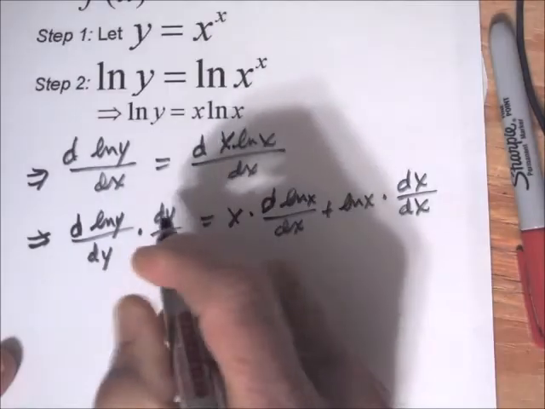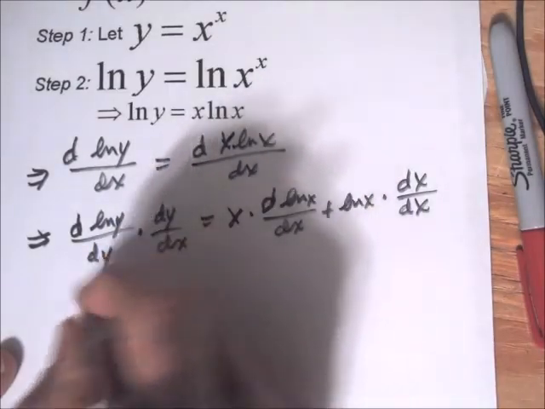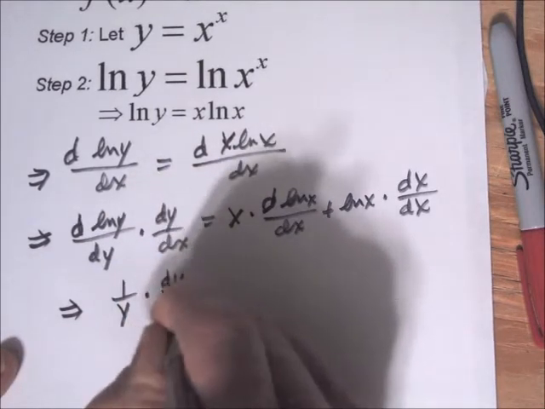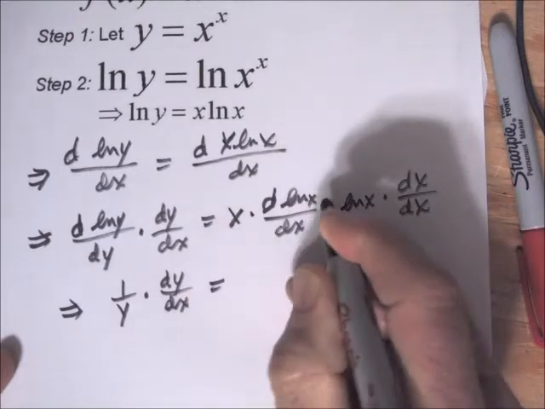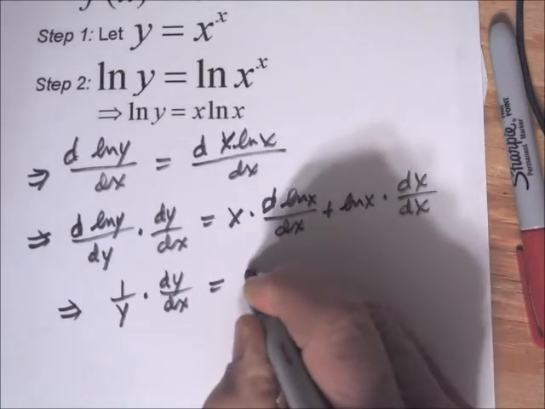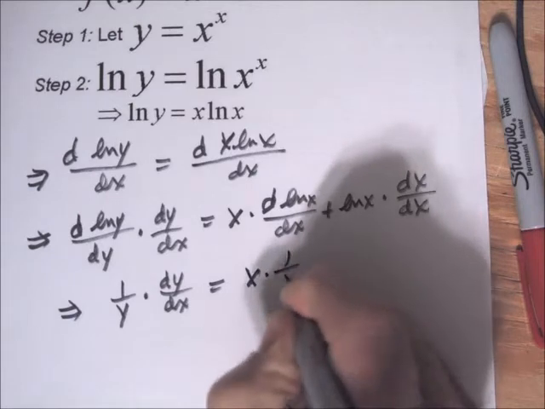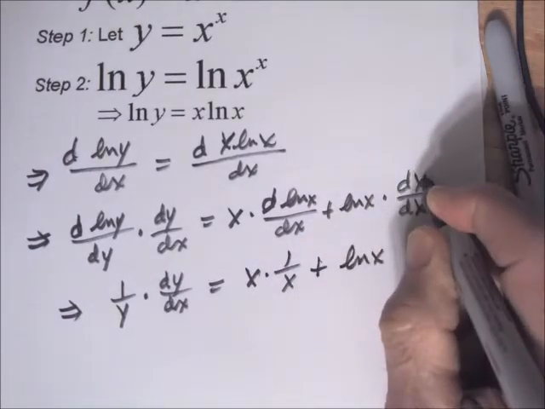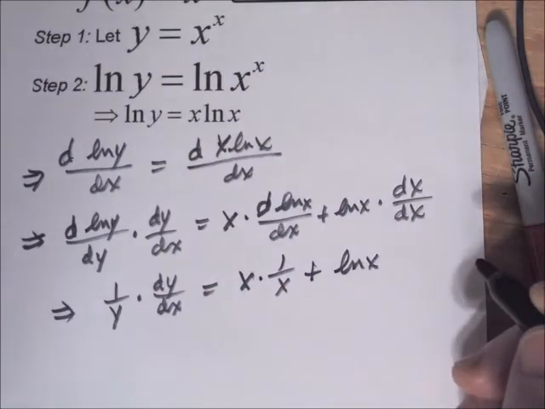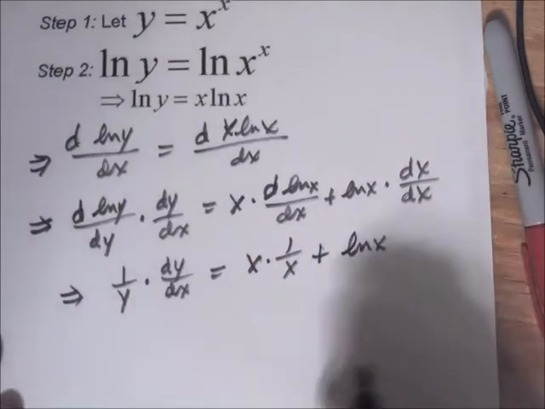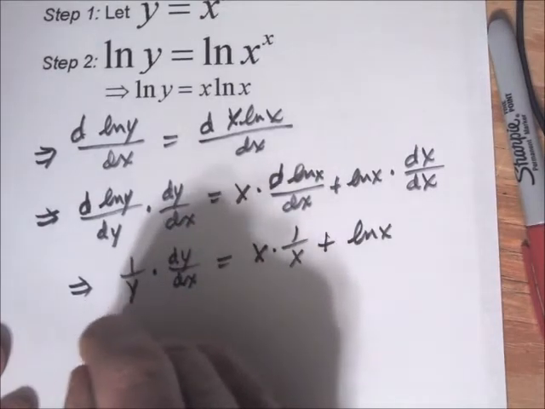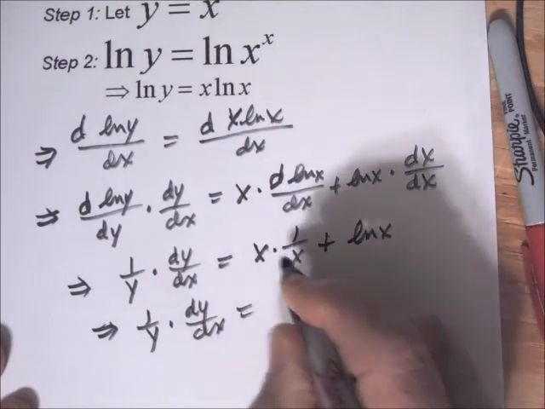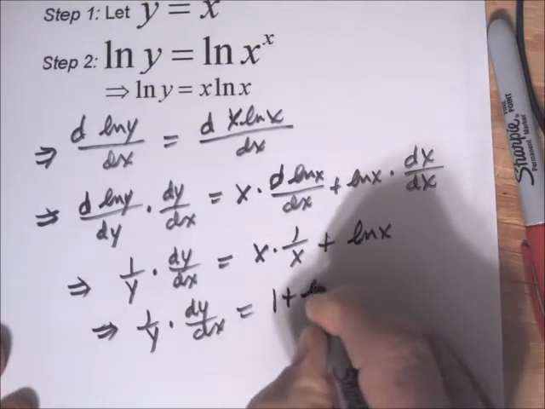Okay, so then the derivative of ln y is just 1 over y, so this is going to be 1 over y times dy/dx equals, derivative of ln x is 1 over x, so it's x times 1 over x plus ln x. Derivative of x with respect to x is just 1. So we'll have 1 over y times dy/dx is equal to, the x's cancel here, 1 plus ln x.